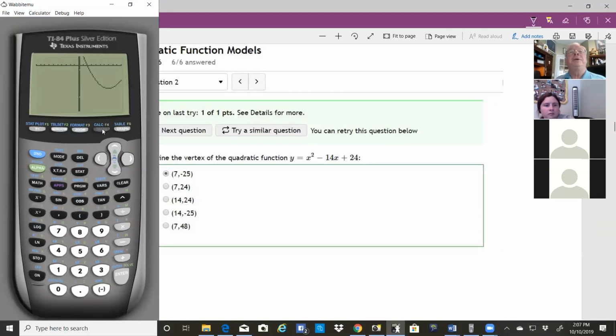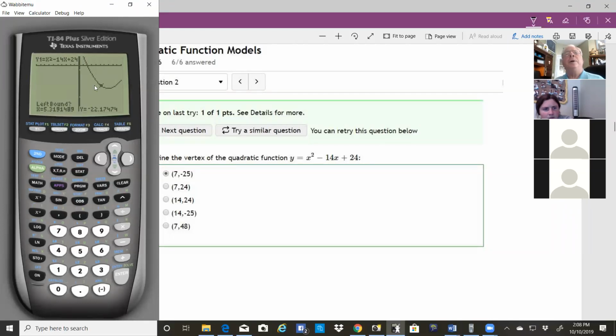But you could put a trace on. The trace is at 0 and 24. I'm moving that cursor down close to the vertex, but I want to find out exactly the vertex. So I'm going to hit second trace, which is second calc. It'll ask what you want to calculate. I want to calculate the minimum, which is 3. It'll ask me what the left bound is.